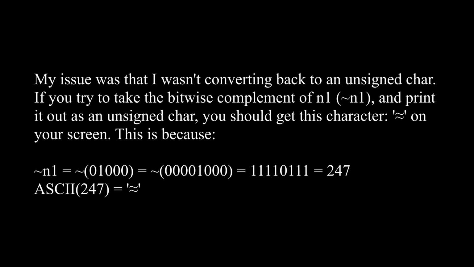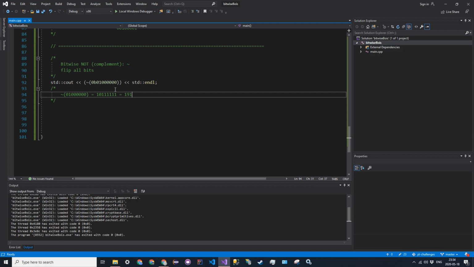Let me just make sure that that's 8 actually: 1, 2, 3, 4, 5, 6, 7, 8. And that should give us 1 0 1 1 1 1 1 1. I can't even count, I'm losing count. And what is this in decimal? That's 191.